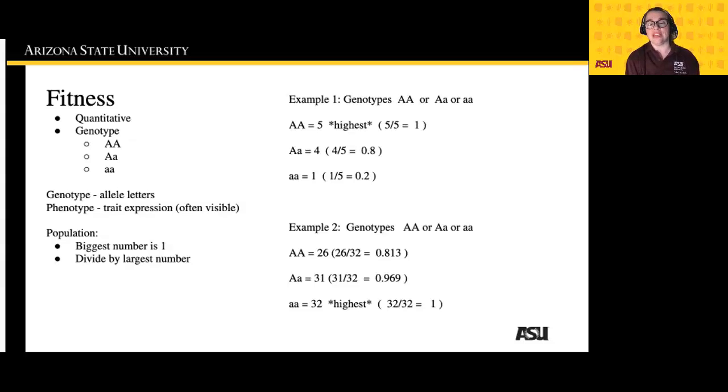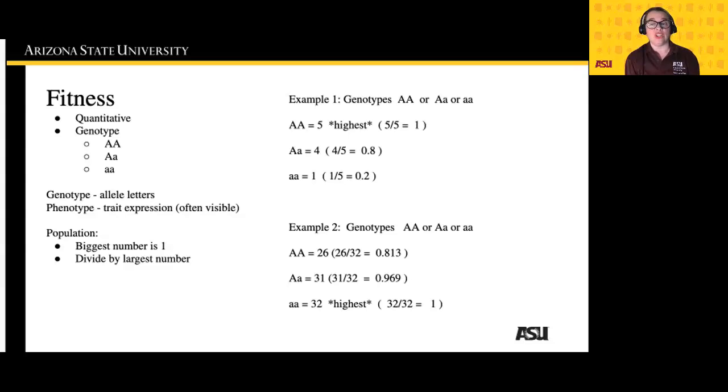To calculate the fitness of an organism, you start with the largest number of individuals of one genotype. That becomes 100%, or 1. If we have possible alleles big A and little a, the number of individuals with big A, big A in one population is 5.